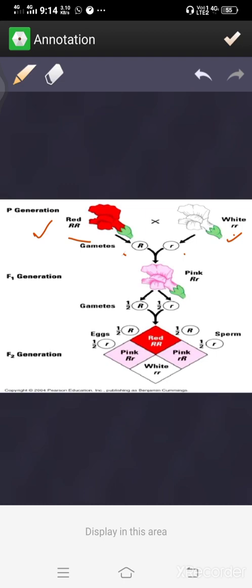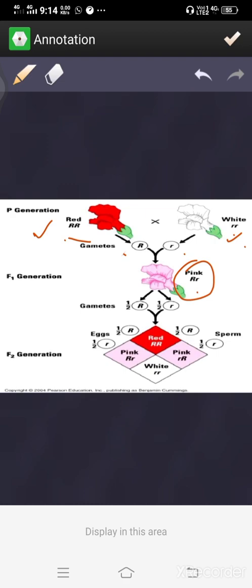So in the F1 generation, when we cross this, we get capital R, small r, just like Mendel's first cross. But according to Mendel and the law of dominance, since this is capital R, small r, it has to be a red color flower only, heterozygous red. But here, instead of getting either red or white, we get a specific different color called pink.